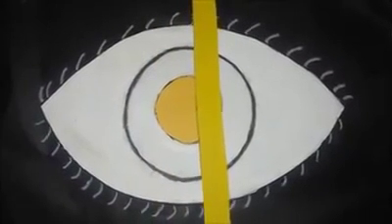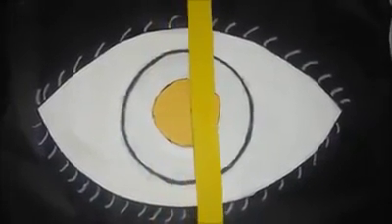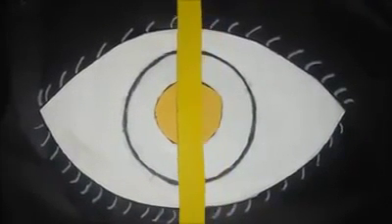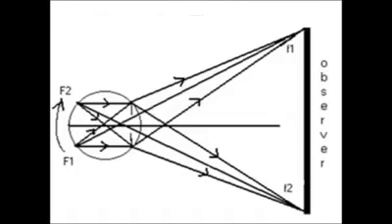No movement is seen. That means the patient has an error equivalent to that of the working lens. Rays emerging out of the patient's eye are convergent and meet at a point 1 meter at the pupillary plane of the observer and hence no movement is seen.